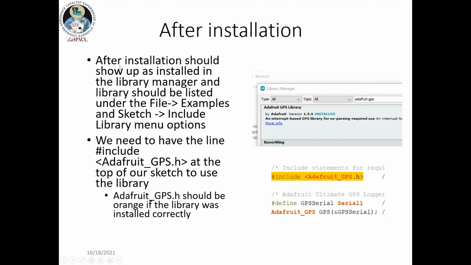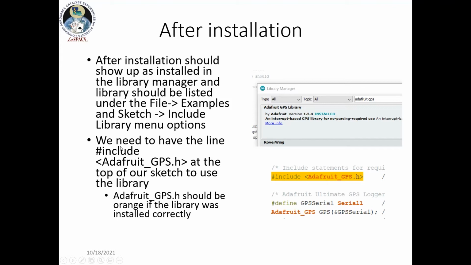Also, if you open the file menu and go to examples, you should be able to scroll down and find examples, because this library does include examples. You should also be able to use the sketch menu and the include library option and have it automatically add the include statement to the top of your sketch.